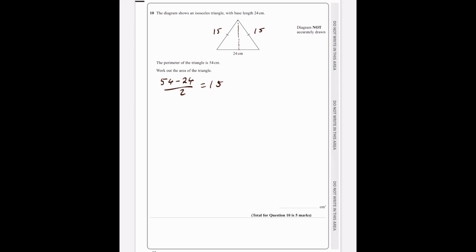Doing a bit of Pythagoras on either side of the triangle at 15, subtract, and then it's half of 24, which is 12 squared. Square root that and you get 9, so the perpendicular height of this triangle is 9, and finally a half times base times perpendicular height will give us the area, which is 108 centimeters squared.